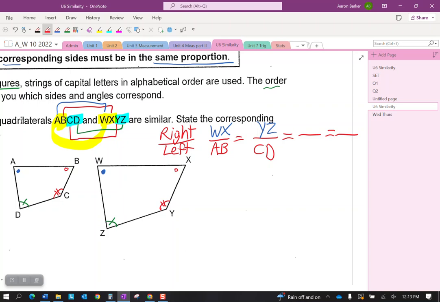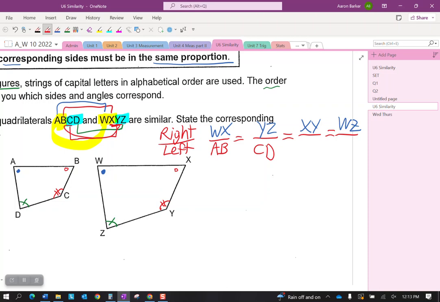Okay. Up top, I have side XY, and I also have side WZ. What goes underneath? Nick, write it down. What goes underneath? Well, XY, those two letters are the middle two.